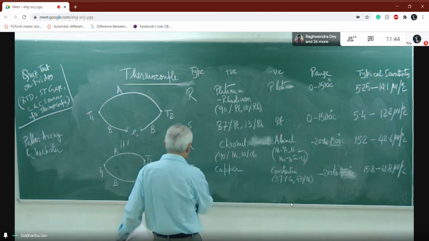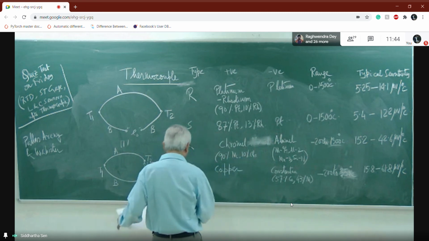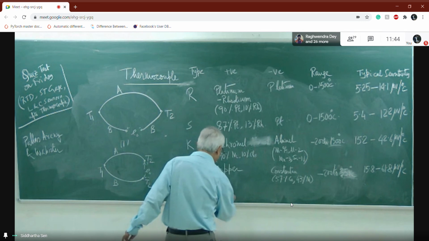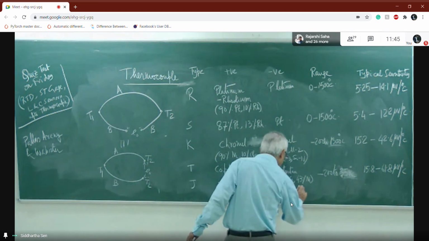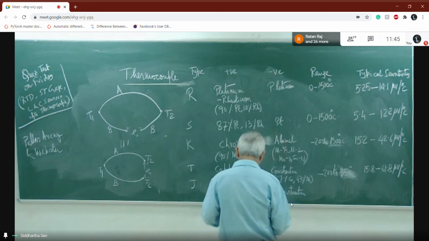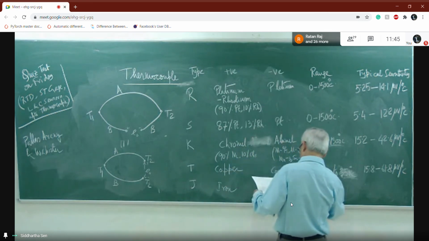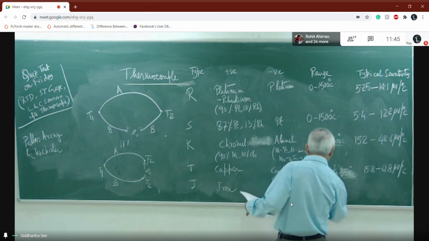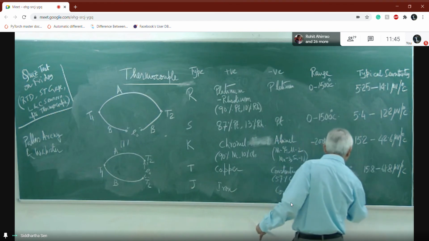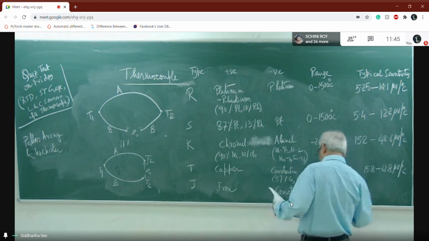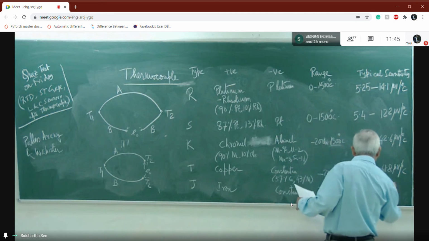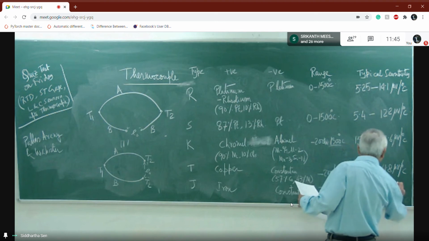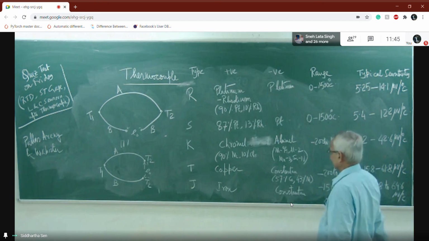And similarly, J is basically iron constantan. Here the range is -150 to 750 degrees Celsius, and the sensitivity is 21.8 to 64.6 microvolt per degree Celsius.